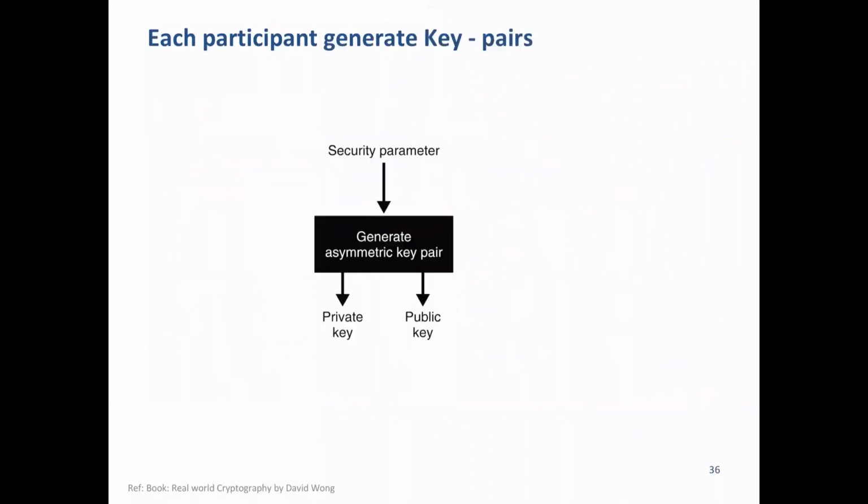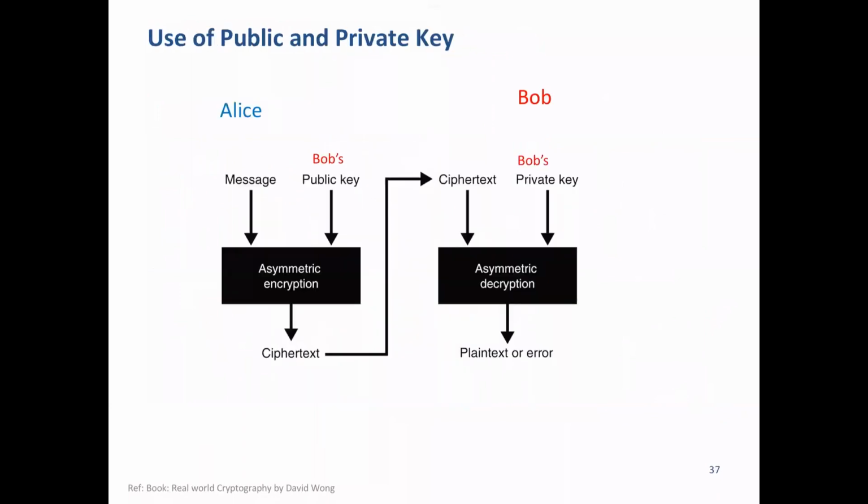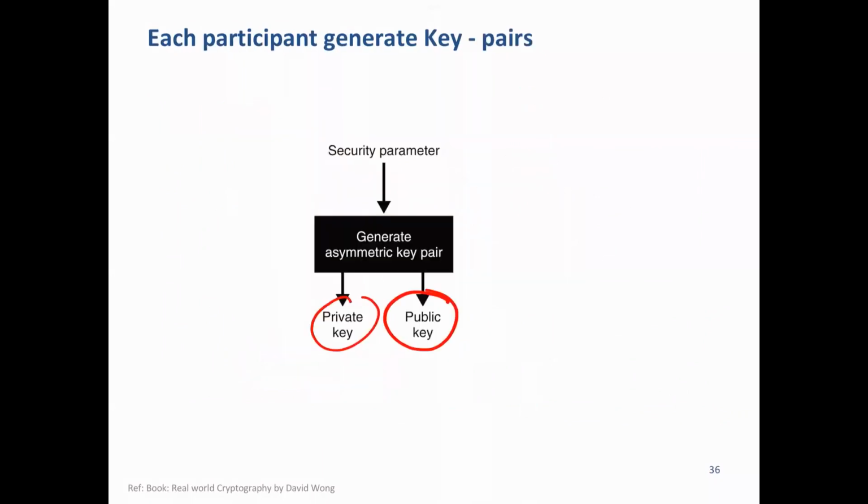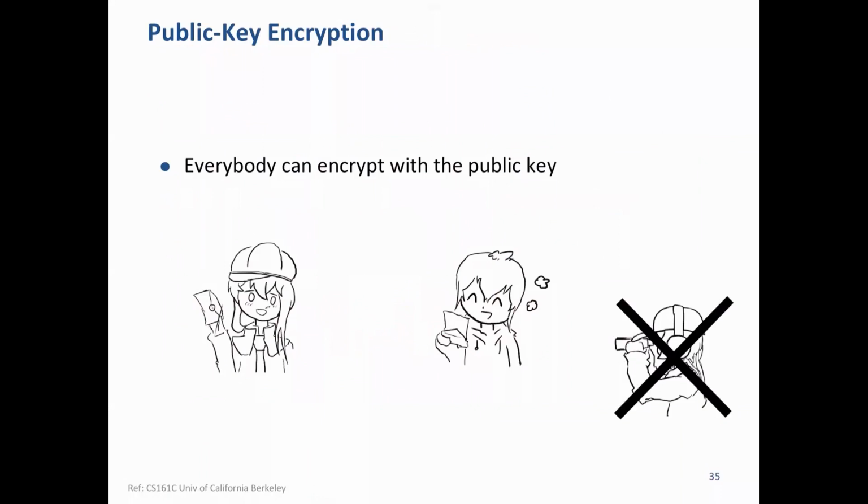Then we come out with the next algorithm, in which everyone generates two keys. Say, for example, when Alice receives Bob's public key, she can use this to directly create a ciphertext. Earlier our emphasis was to create a common key.